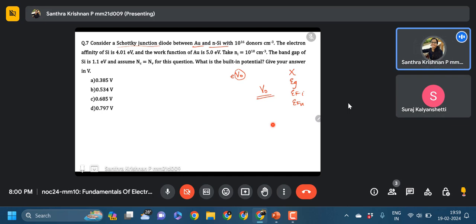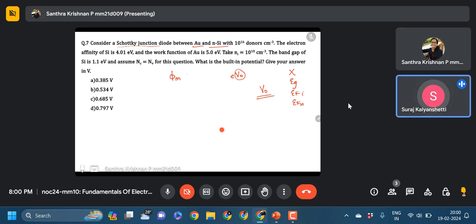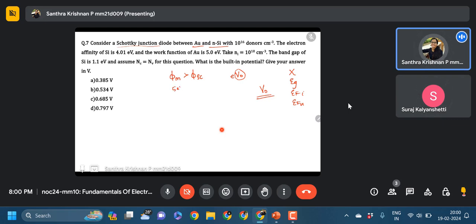The work function is given for the metal. So it's a Schottky junction. Phi metal will be greater than phi semiconductor. If you remember, for a Schottky junction, phi metal is greater than phi semiconductor.